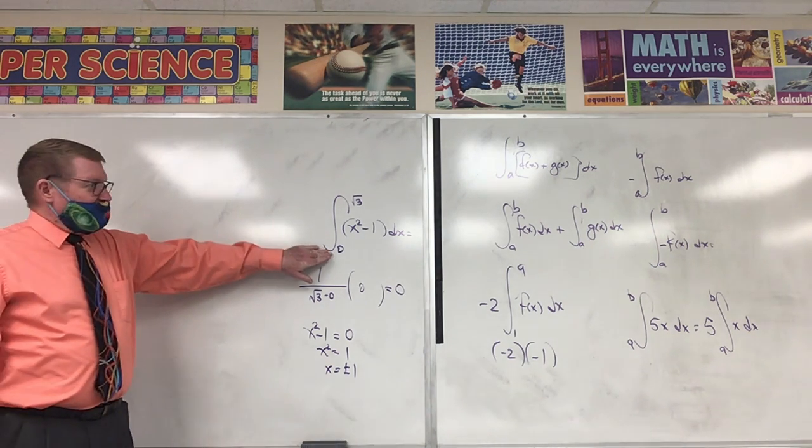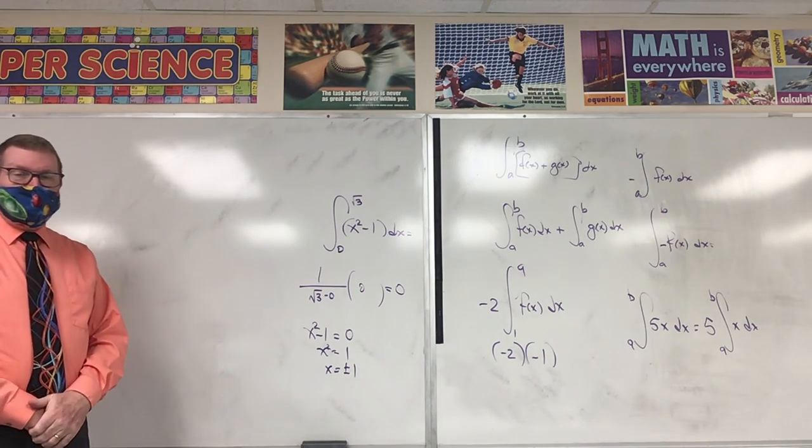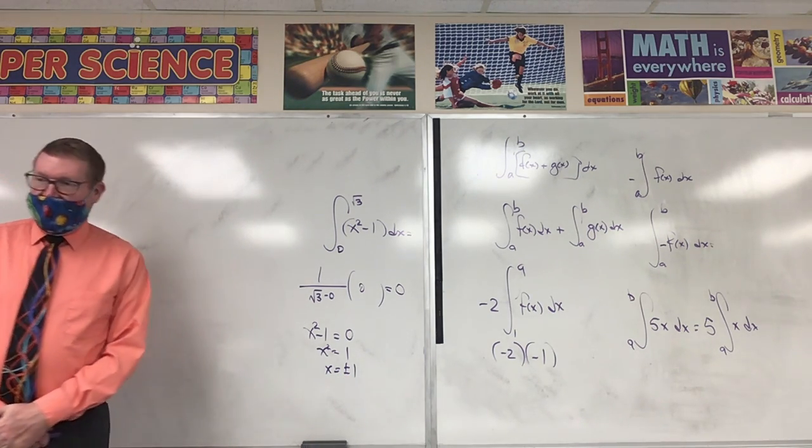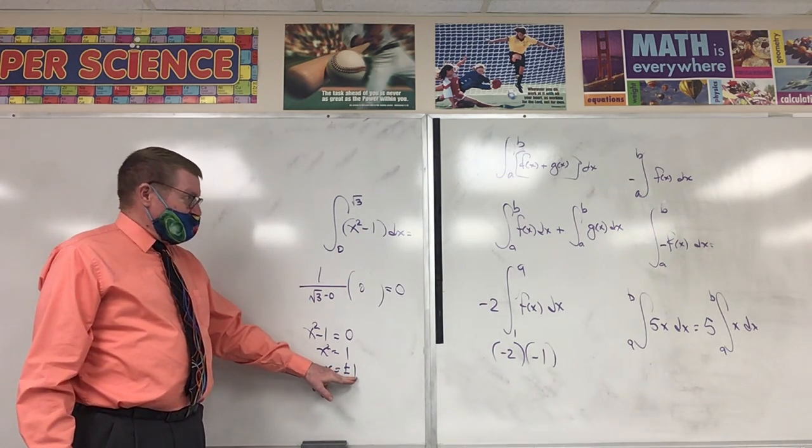We're looking from 0 to the square root of 3, so at what point am I looking at? 1. It says, at what point in the interval does the function assume its average value? Well, it equals its average value at 1.